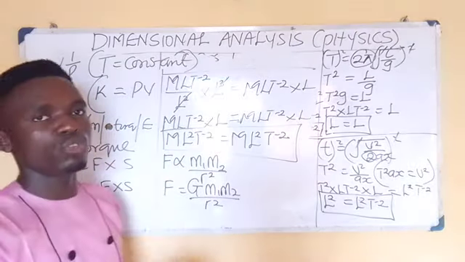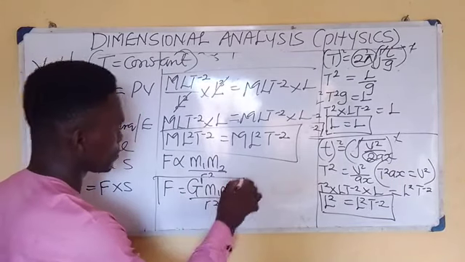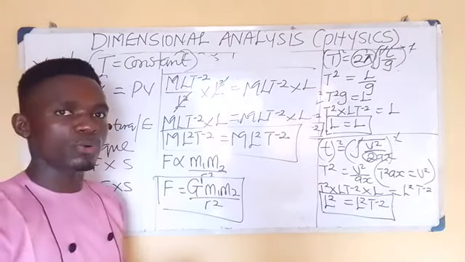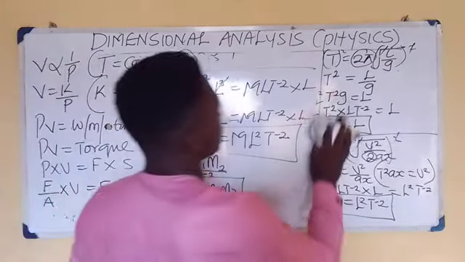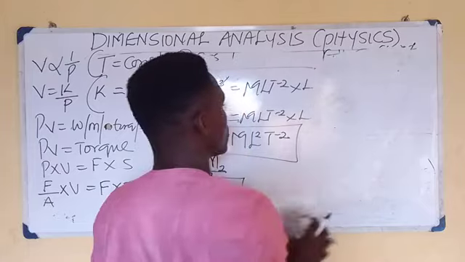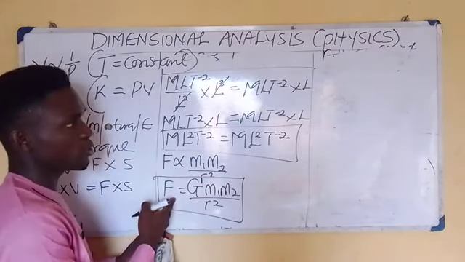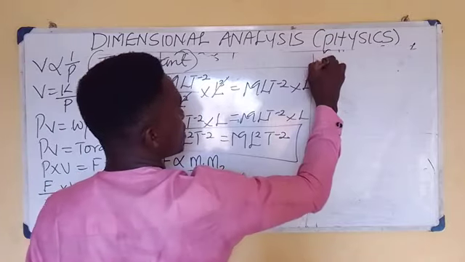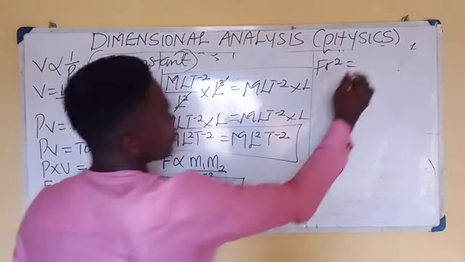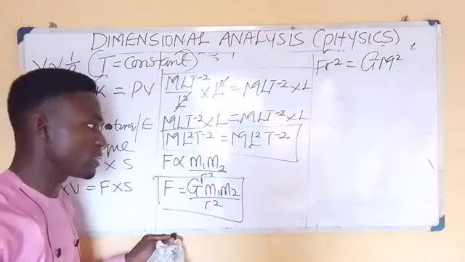called Newton's universal constant. So we are trying to check if this stuff is dimensionally correct or not. It is very easy, you just follow it step by step. So what do I do next? I'll cross multiply. I'll be having F r squared equals G m squared. Let me just use m squared instead of writing m1 m2.